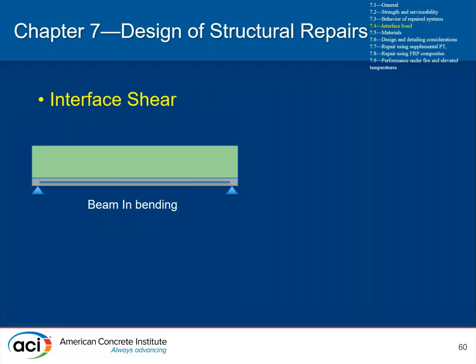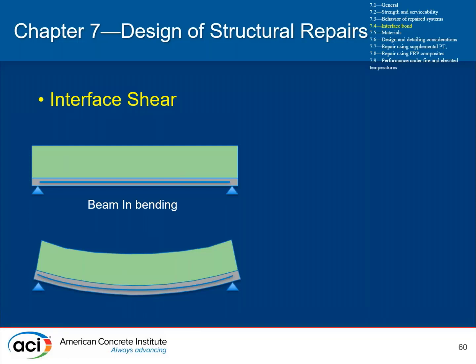So interfacial shear. For instance, if we just look at a beam in bending, as that beam bends, we know that there is shear transfer across the section, and that shear has to transfer across the repair section that is shown here in the bottom part of the diagram.